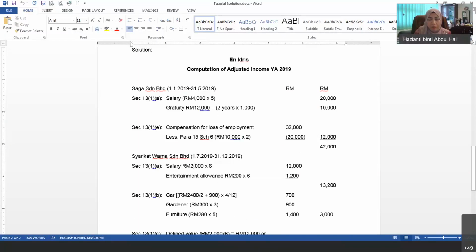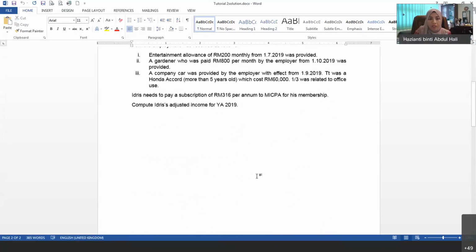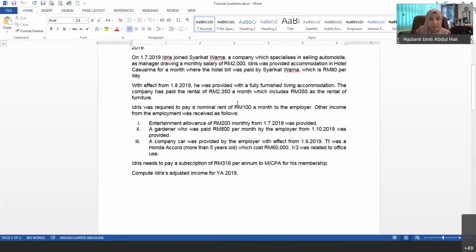The salary is 2,000 per month times 6 months, 12,000. Entertainment allowance 200 times 6 months, 1,200. That is all for section 13(1)A. He gets salary and also entertainment allowance.